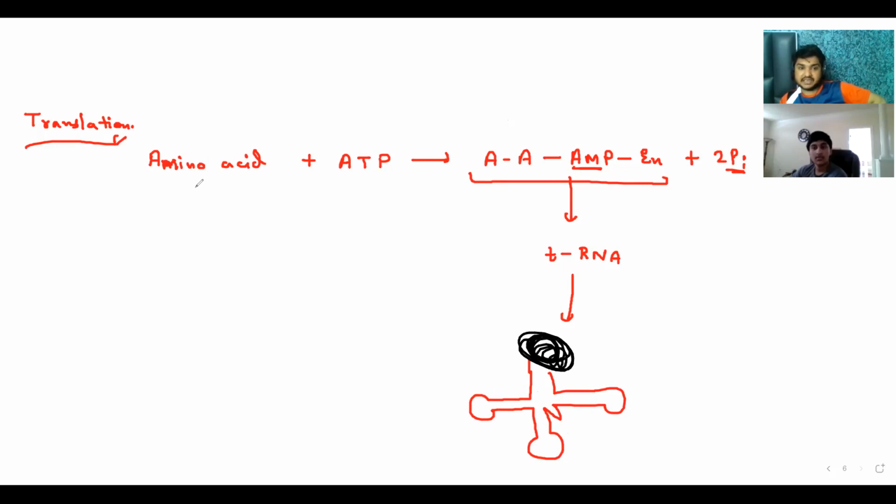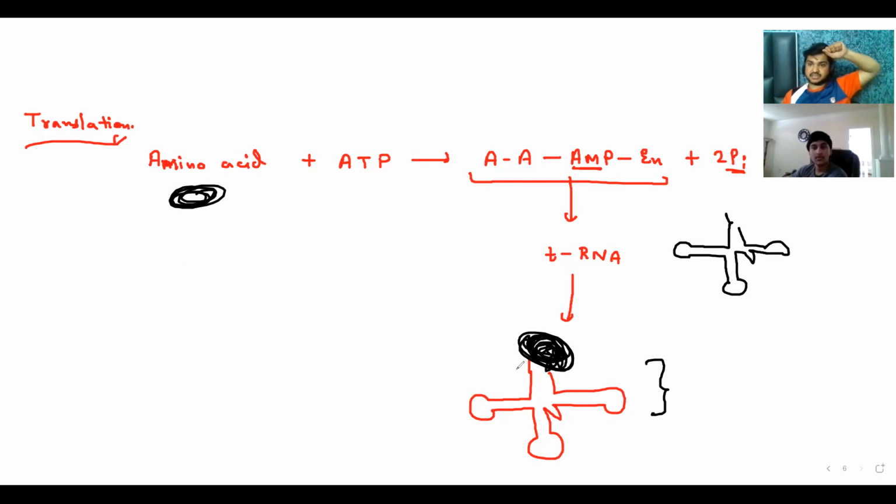So can we say it is activation of tRNA, activation of amino acid, because the amino acid is going to attach.